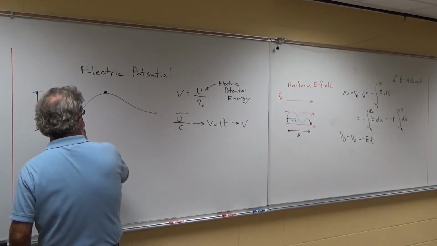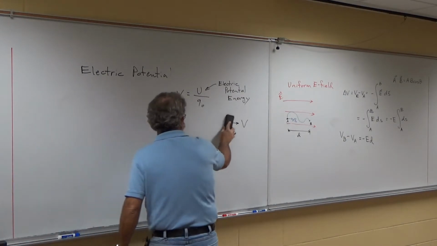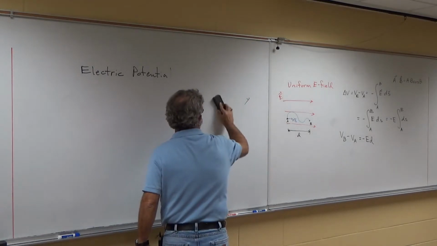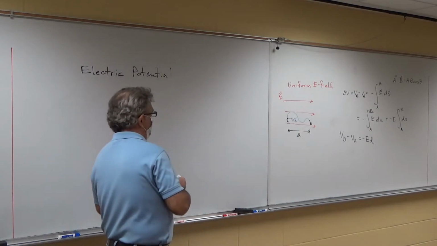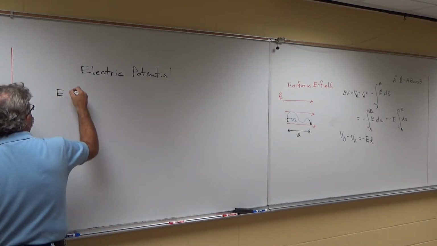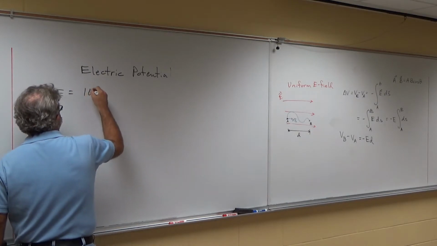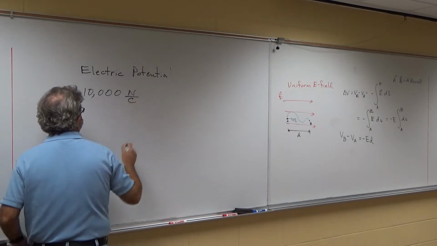Let's just get some numbers and see what kind of potential difference we're talking about. Let's say that the electric field is equal to 10,000 newtons per coulomb.